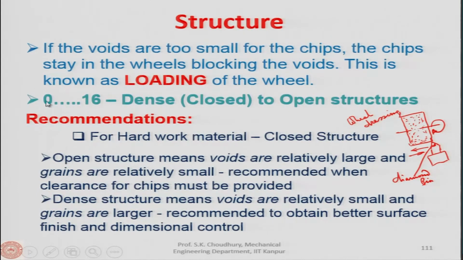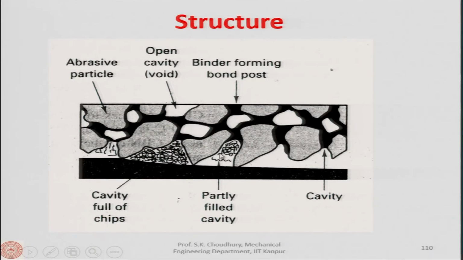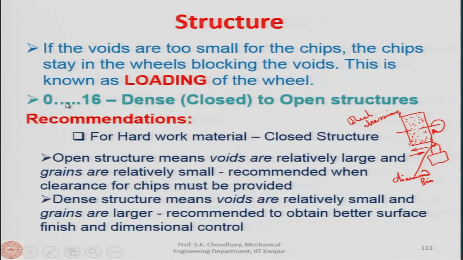According to the international standard, there are 17 grades of structure for grinding wheels, from 0 to 16. Now, 0, 1, 2, 3 etcetera are the dense wheels, or closed structure. Closed structure means the voids between the grains are very small, and starting from probably 10 or 12 and so on, these are relatively open structures.